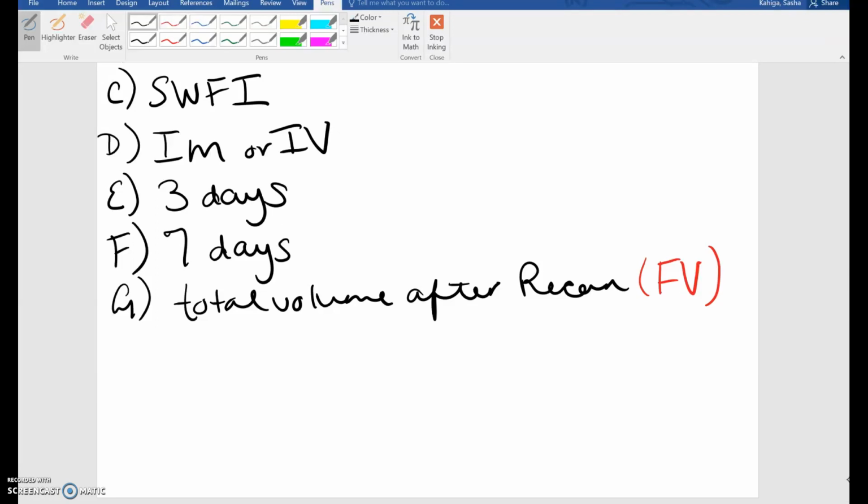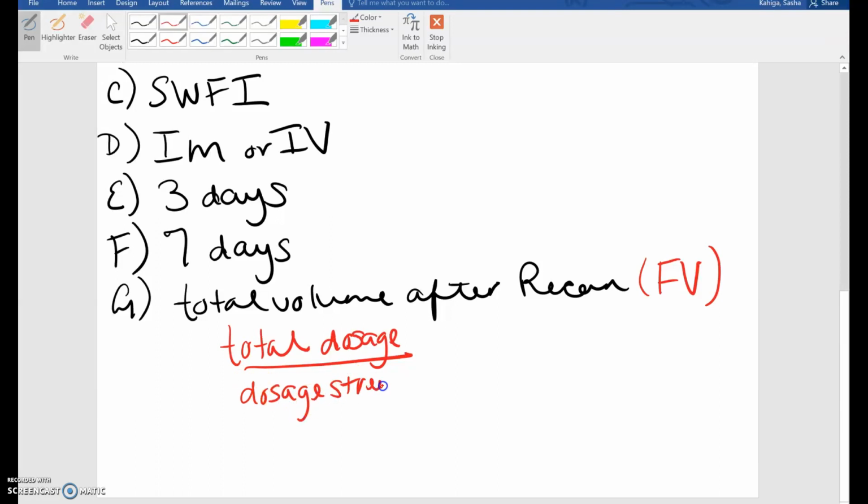In order to calculate that, you have got to take, all right, this is the formula. You take your total dosage over the dosage strength in milligrams times the dosage strength volume, which is your milliliters.